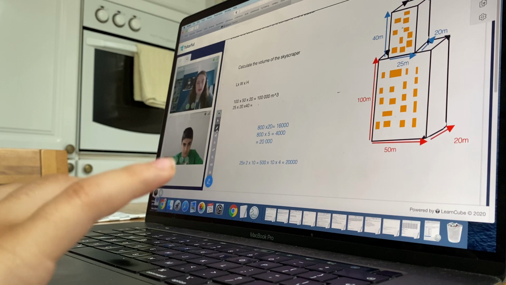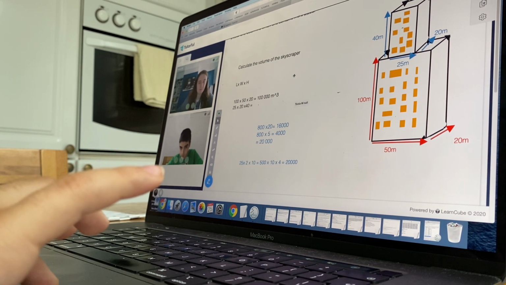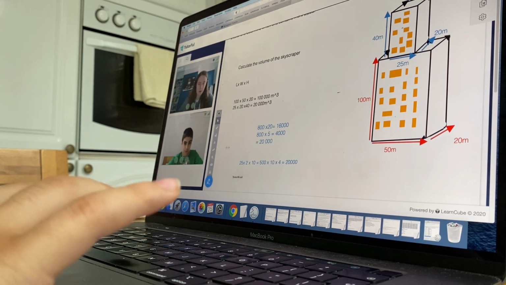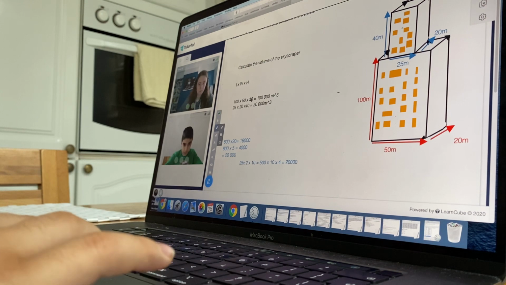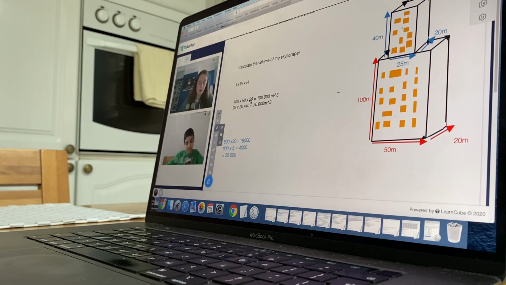So what is the volume of the skyscraper in total then? Yeah. So the total. Now we have to add them up.